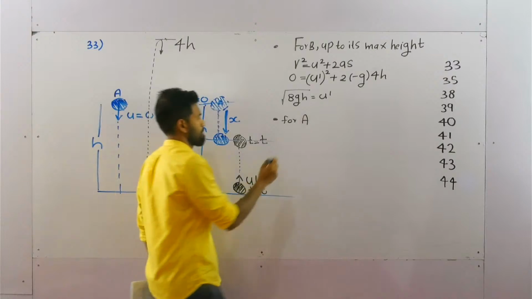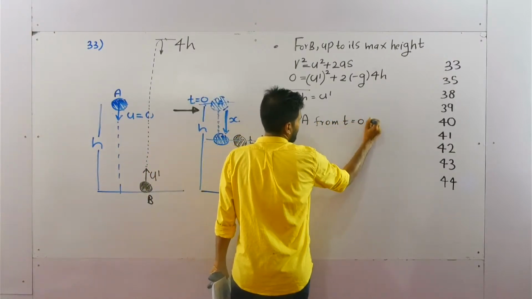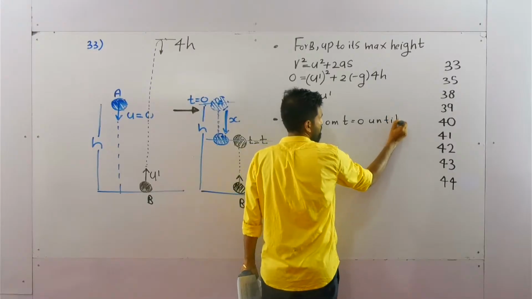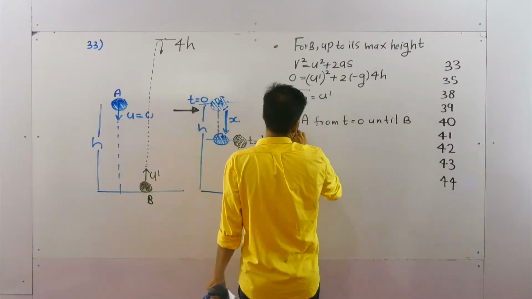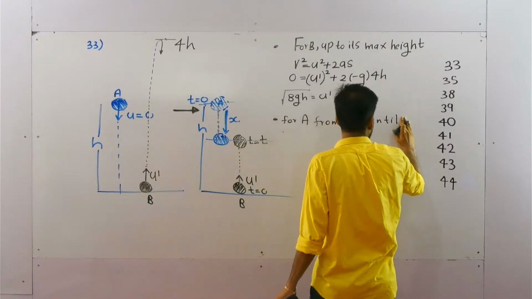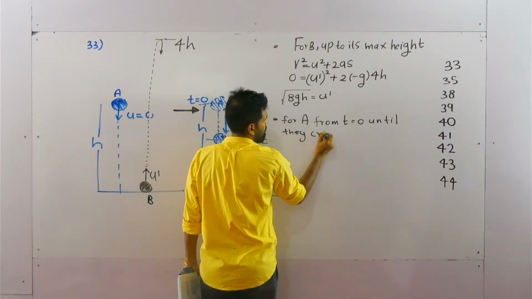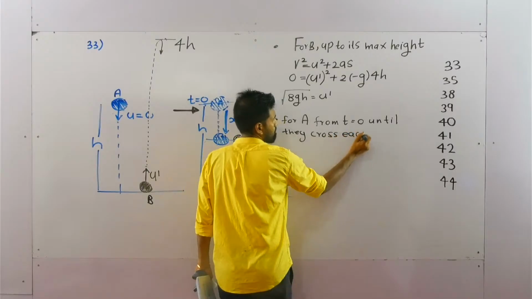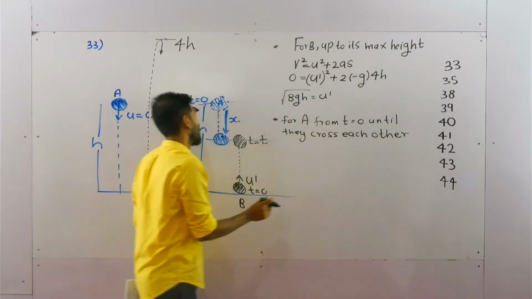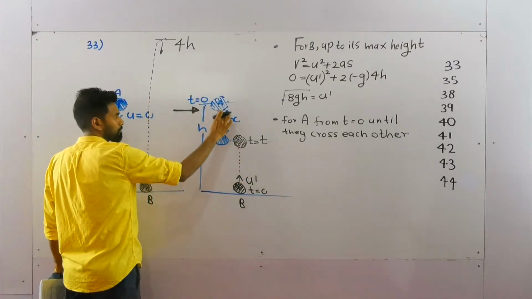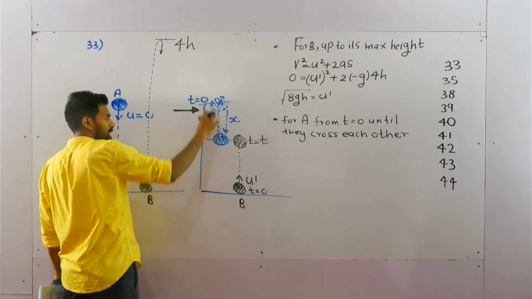For A, from t equals 0 until they cross each other. A was released from a height h.